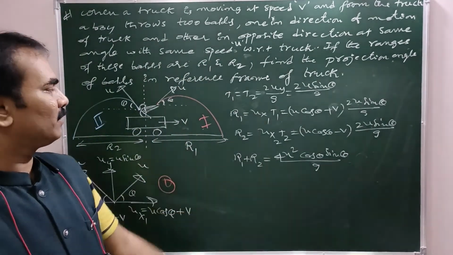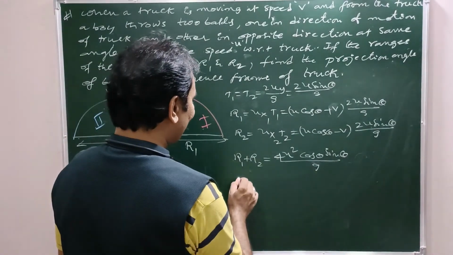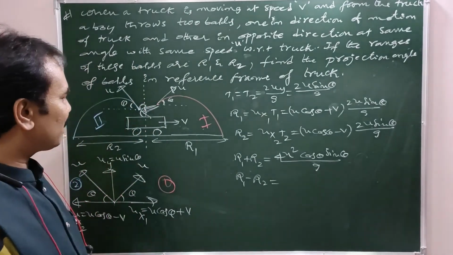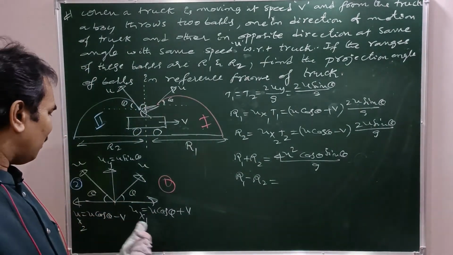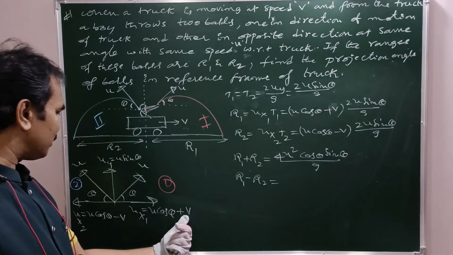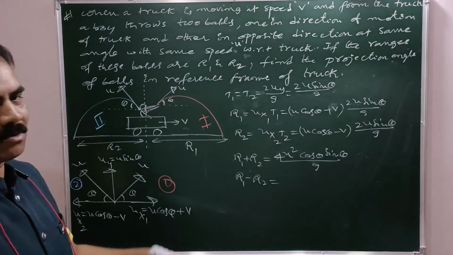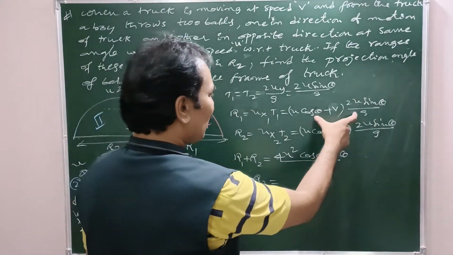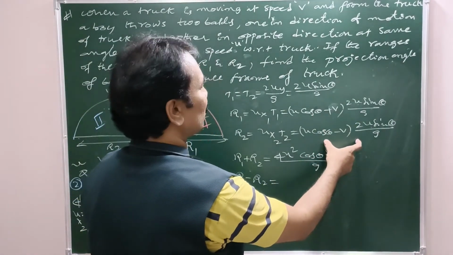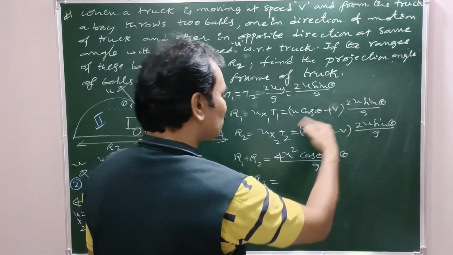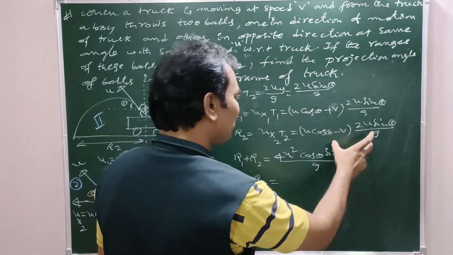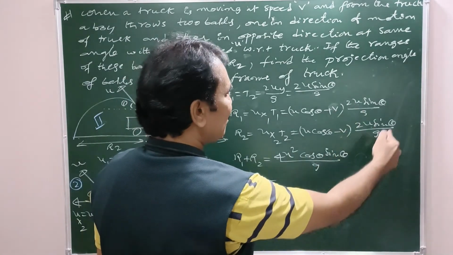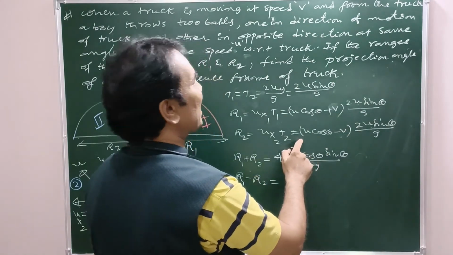Similarly, I am taking the difference, that is R1 minus R2. Why? Because R1 is greater than R2, because the horizontal component for the first projection is more than that of the second projection. So R1 minus R2: I am taking a negative sign for this one. So the second terms will not cancel out, but the first terms cancel this time.